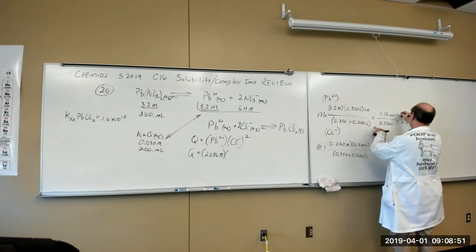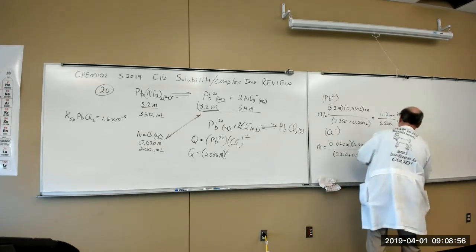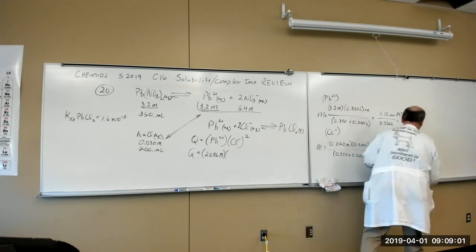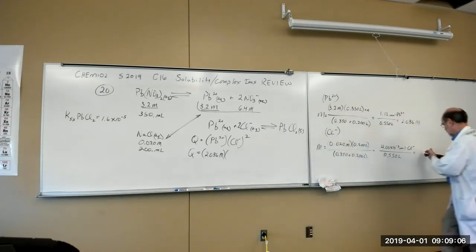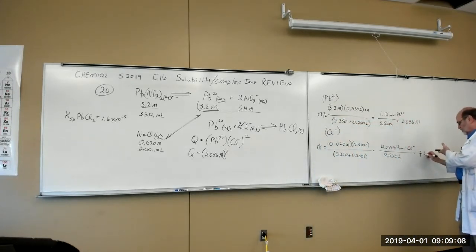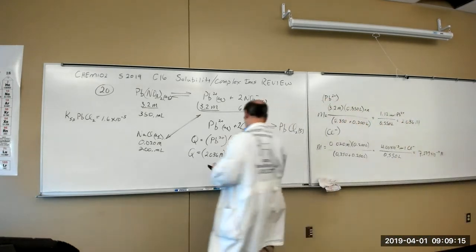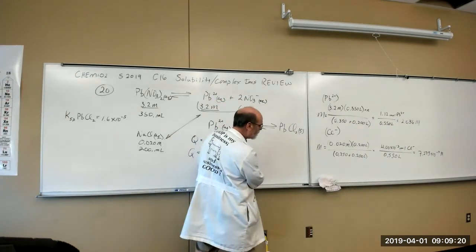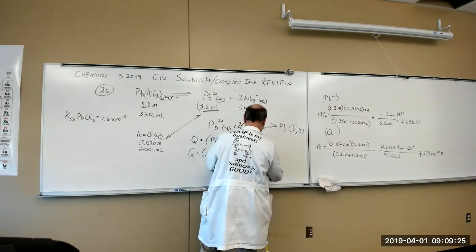This is moles of lead 2, this is moles of chloride, over 0.550 liters. So this concentration is 7.273 times 10 to the minus 3 molar chloride. There we go.